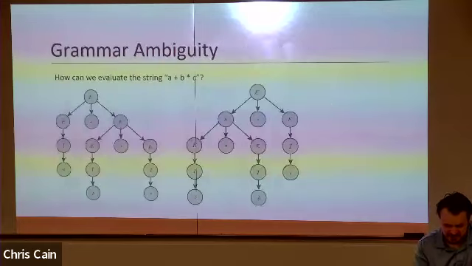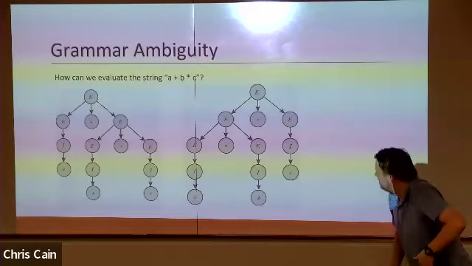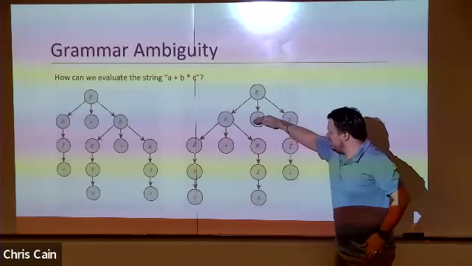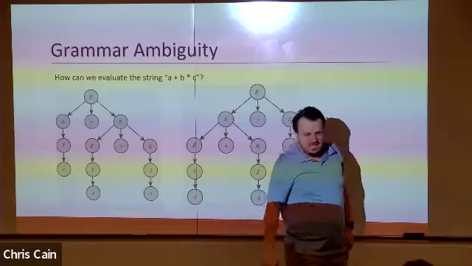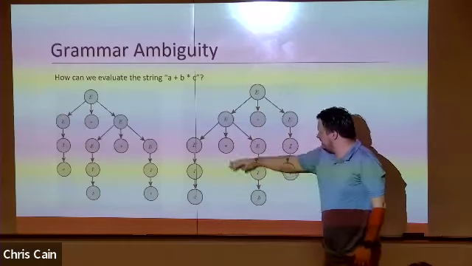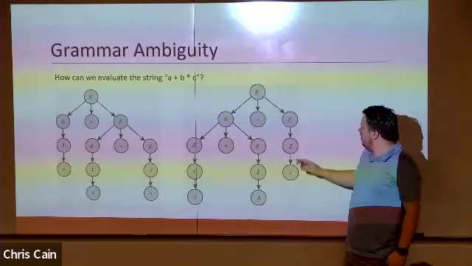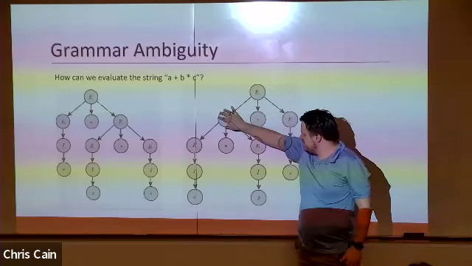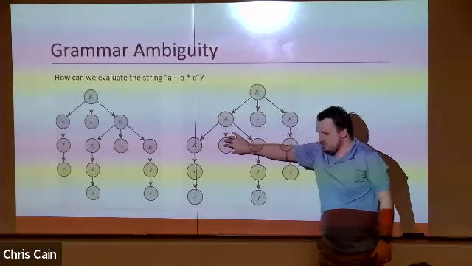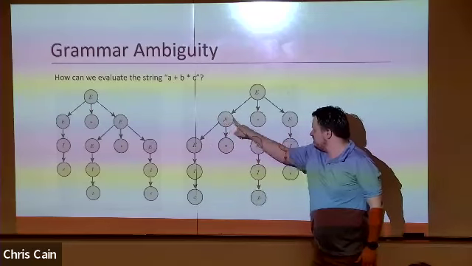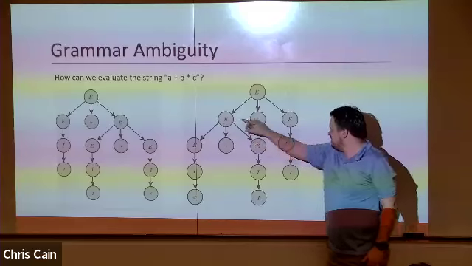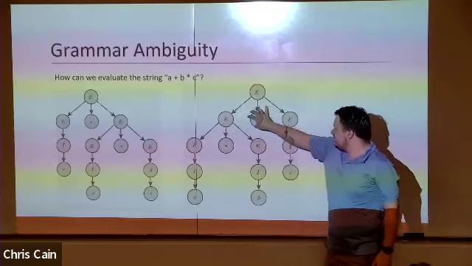For instance, you can imagine going back here and saying, do we do the plus before the times, or do we do the times before the plus? If we were to do some kind of bottom-up evaluation where we're going to say, what does this E represent? Well, it breaks down into a plus. So we're going to evaluate this at this level so that we know what this E is, so that we can evaluate this times.